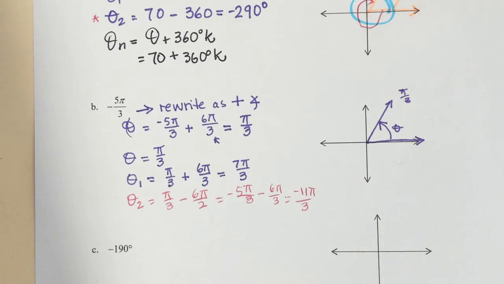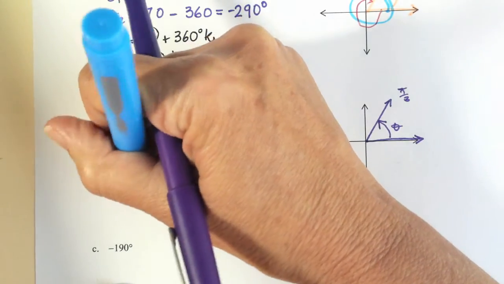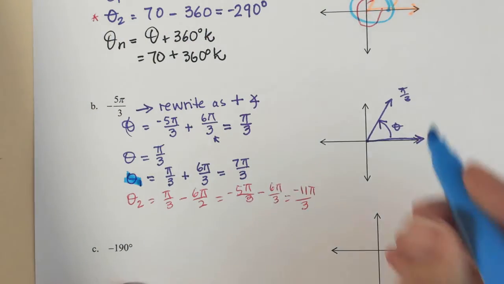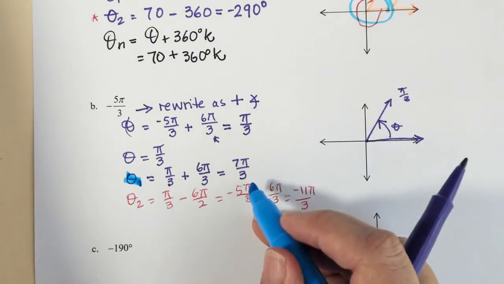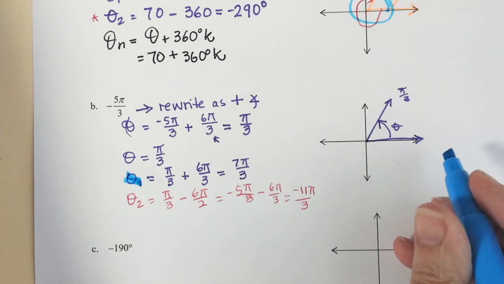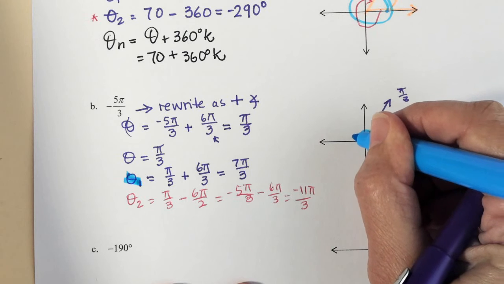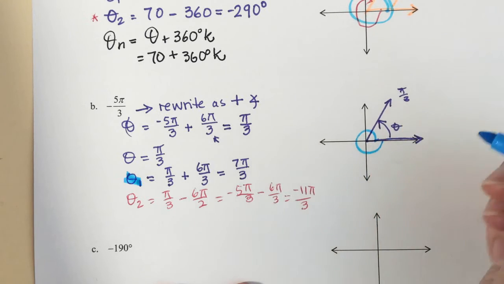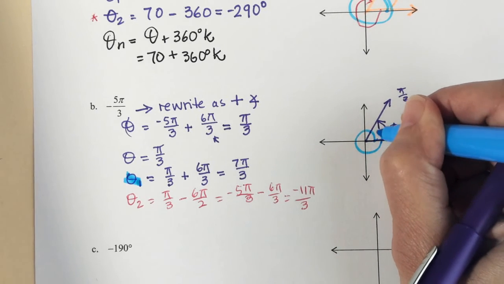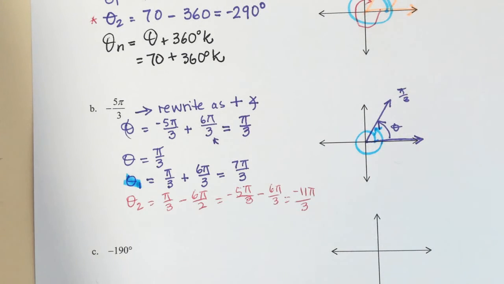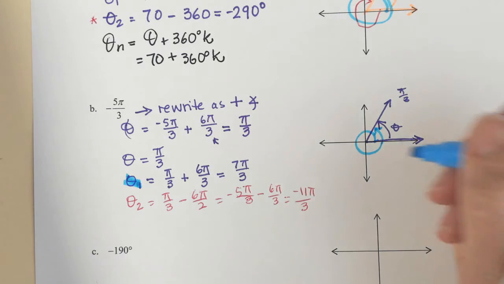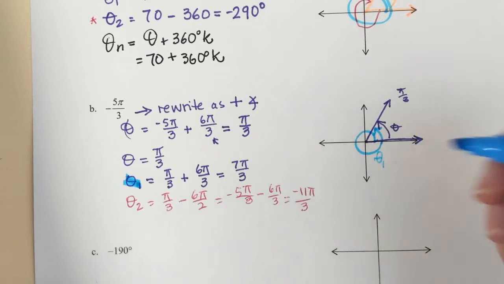And then this one, my theta 1, is 7 pi over 3. So what I'm doing here is, if I go around once, that's 6 pi over 3, and then one more, 7 pi over 3. Alrighty, so that's my theta 1.